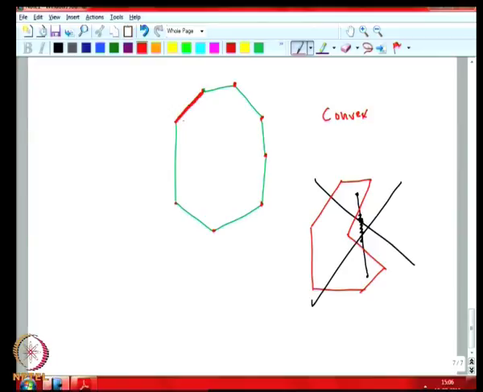So, for instance, if this was the other endpoint, now we have got one triangular region. Now, it is clear that we can triangulate this polygon, and multiply the number of ways of triangulating this polygon with the ways of triangulating this polygon.